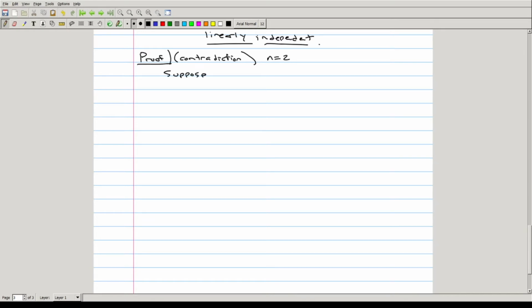Suppose u1 and u2 are linearly dependent, where lambda 1 and lambda 2 are distinct eigenvalues. So if u1 and u2 are linearly dependent, that means that u2 can be written as some constant times u1.